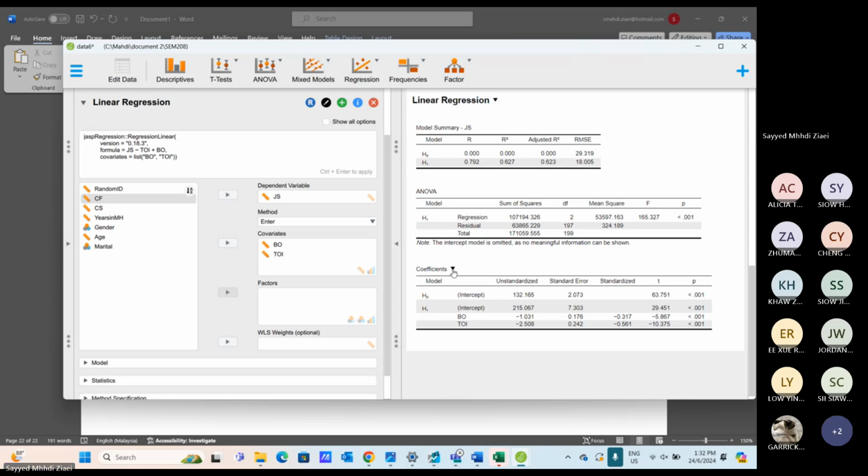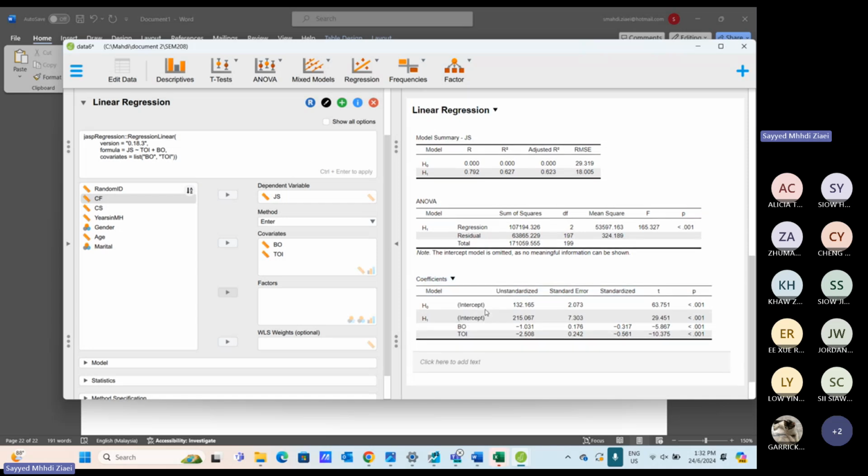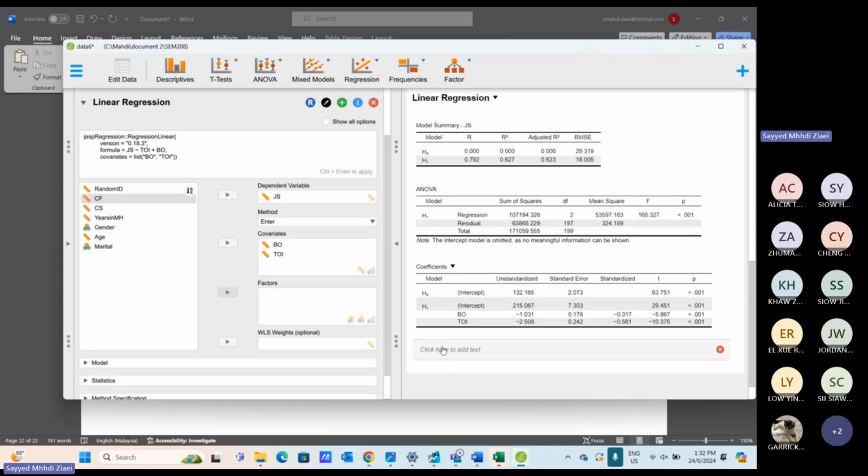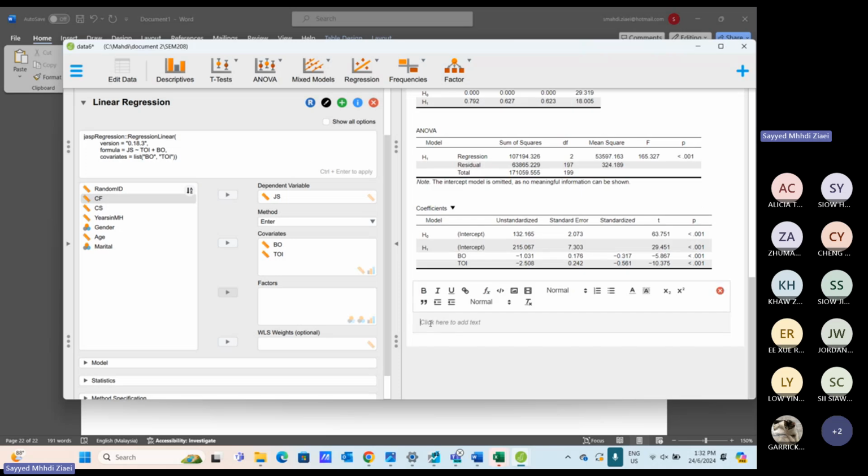You can copy and paste, or you can add a note. I want to utilize this option today. I want to write down the formula here for you. The dependent variable is GS.